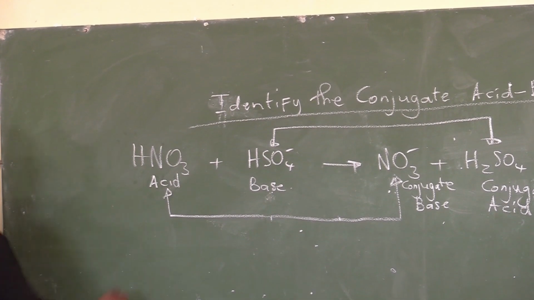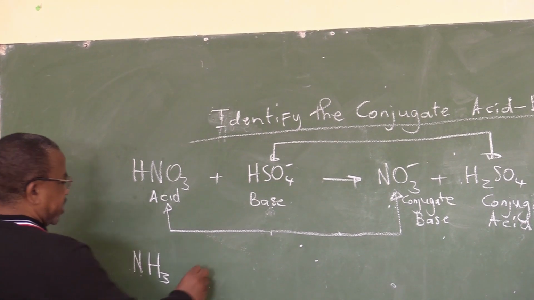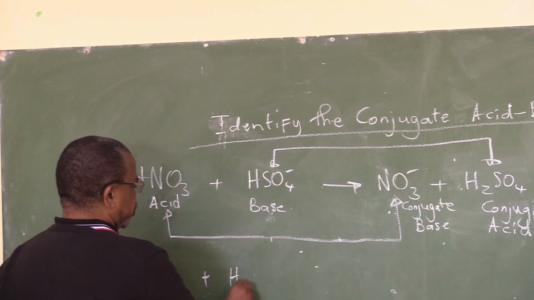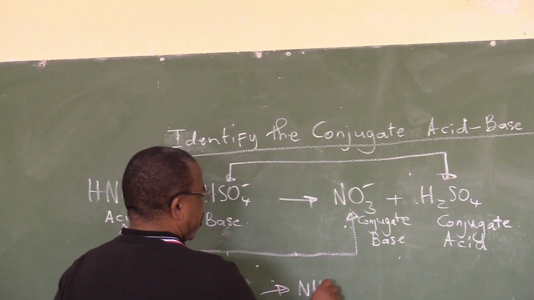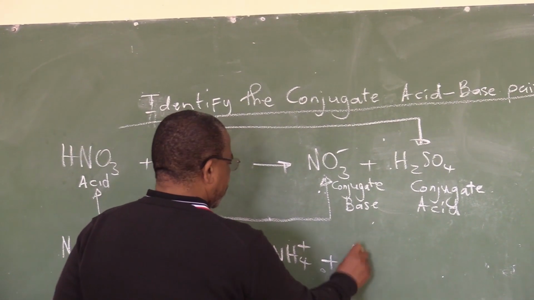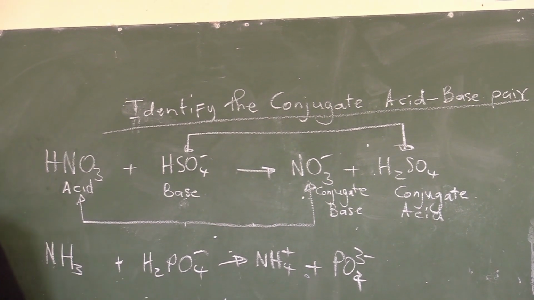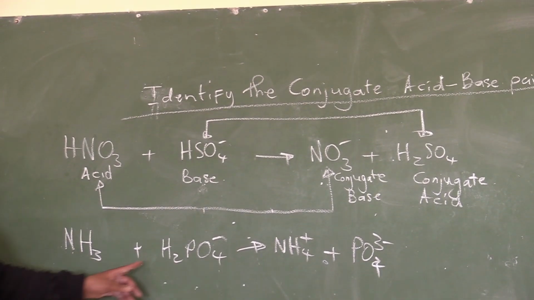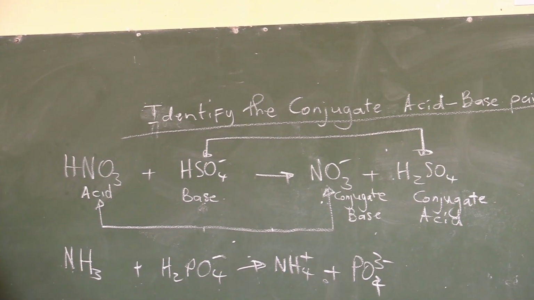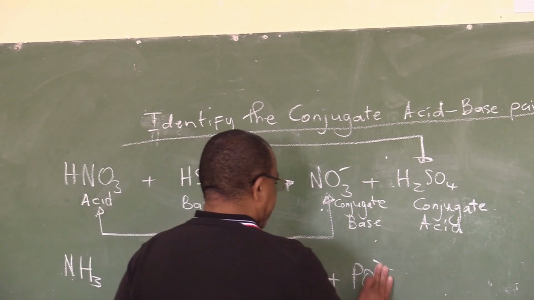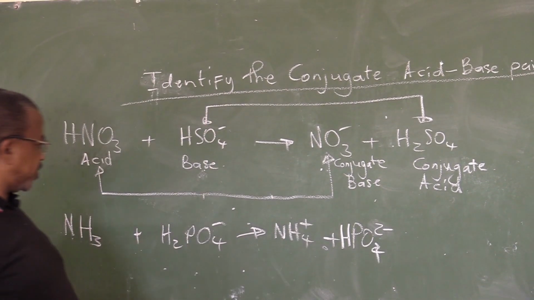Let's take another example. Let's say we have NH3 plus H2PO4 minus yields NH4 plus and HPO4 2 minus.